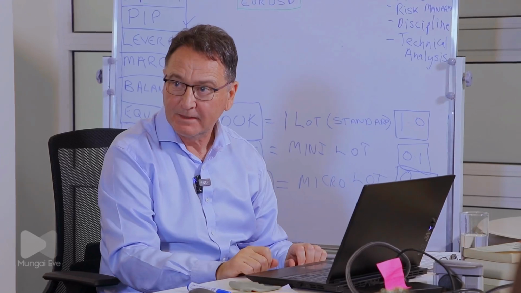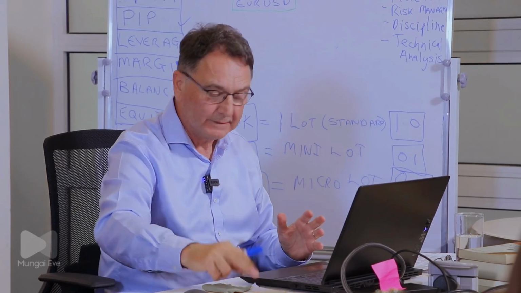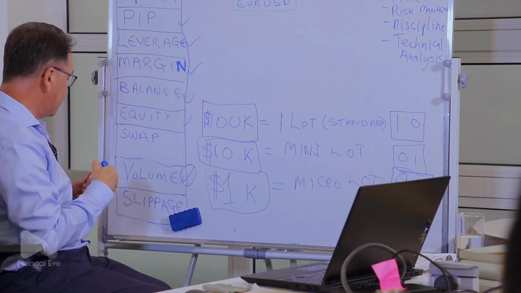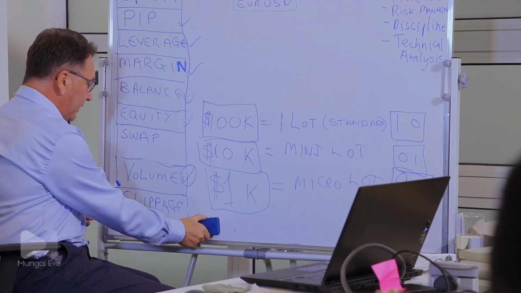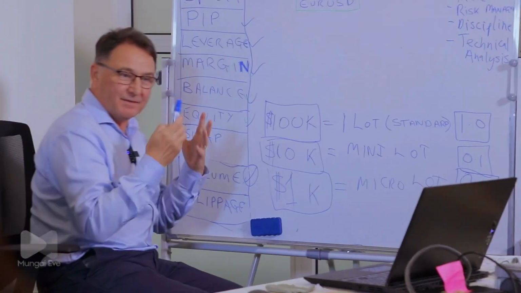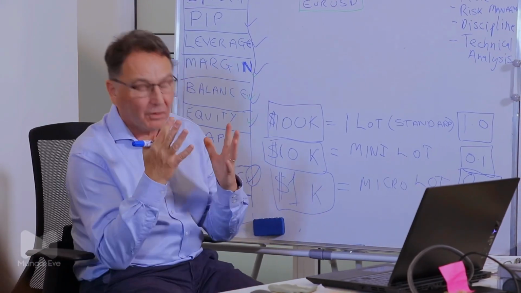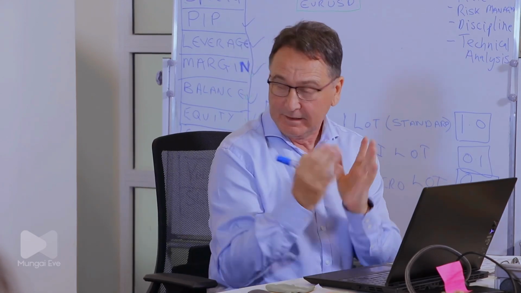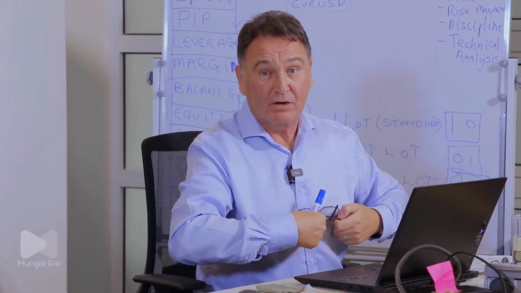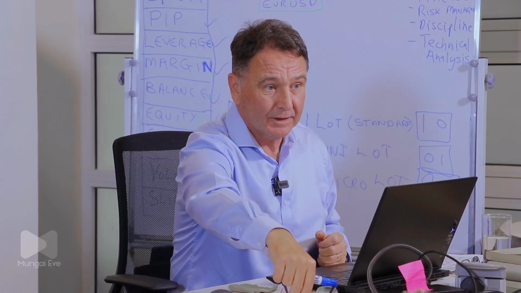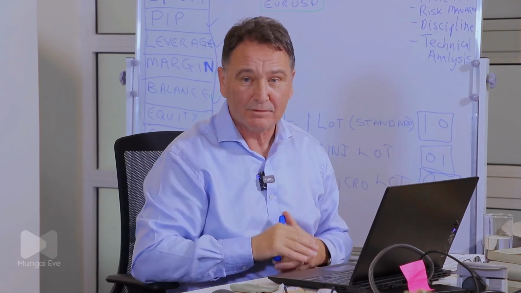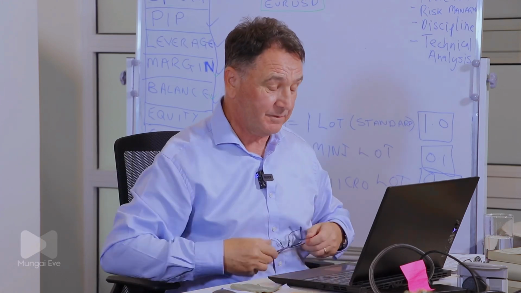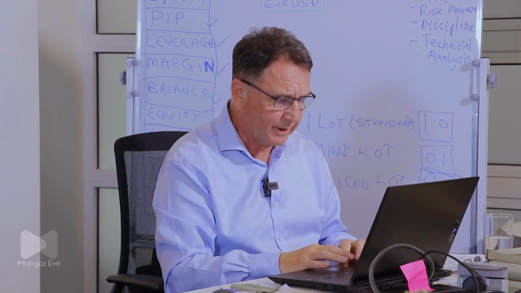Okay, there's lots more basics, but we'll come back to other things like swap and slippage in a minute. But that's the basics. They're the key six words I think you need to know intuitively before you start risking any of your real money. Obviously, practice with demo accounts, practice your strategies, practice your ideas, but understand these basics before you get going.